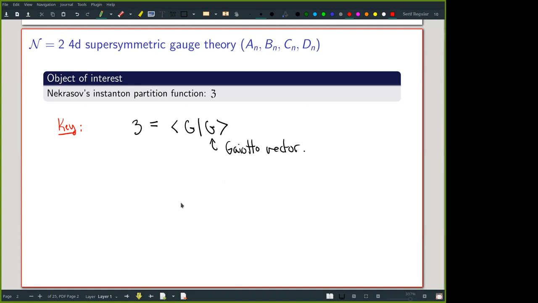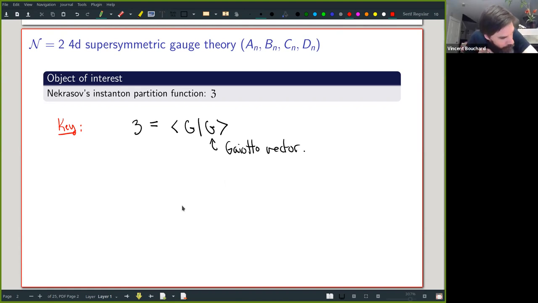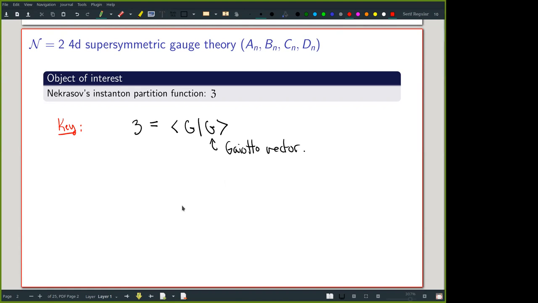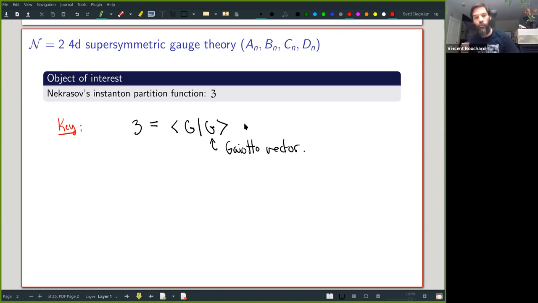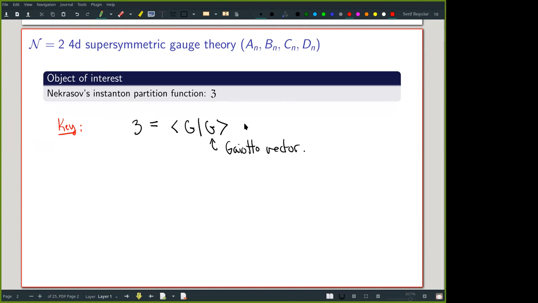Is there some logic behind the fact that it can be expressed this way? That the partition function can be expressed as the norm of some vector. Well, sure, I don't know all the details. I'm just asking for an intuition.